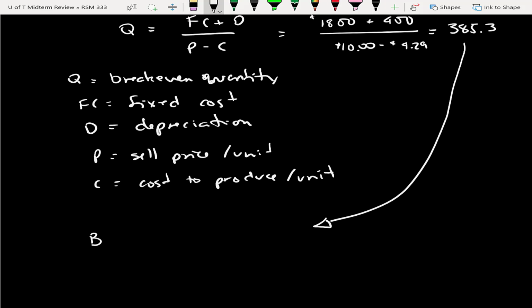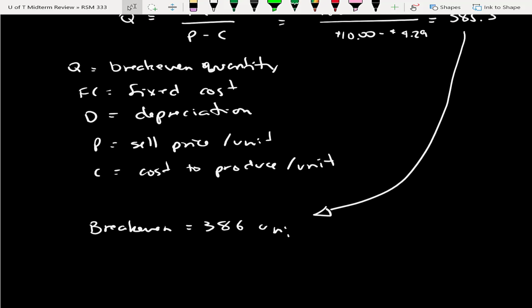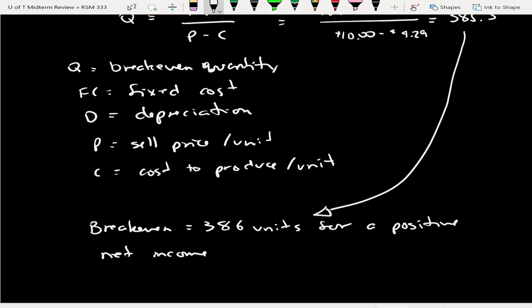You would say that the break-even is 386 units for a positive net income, because you can't sell a fractional unit. On a test, write both down, write the fractional, and then round it up, and there's your answer.